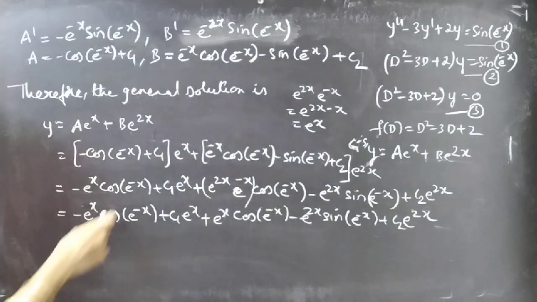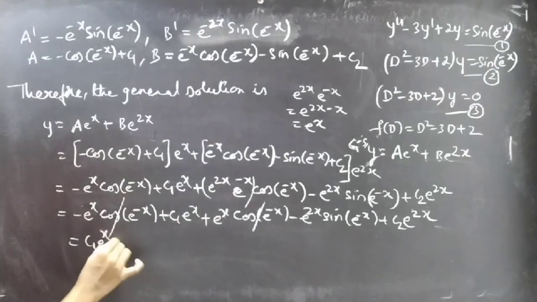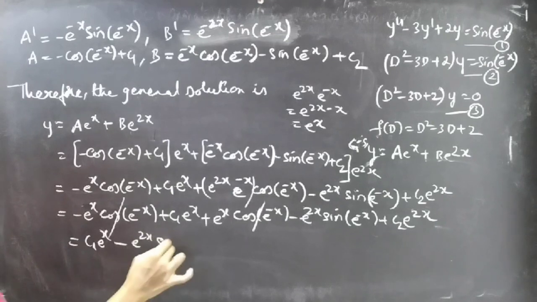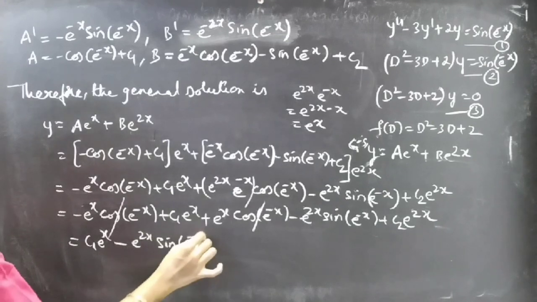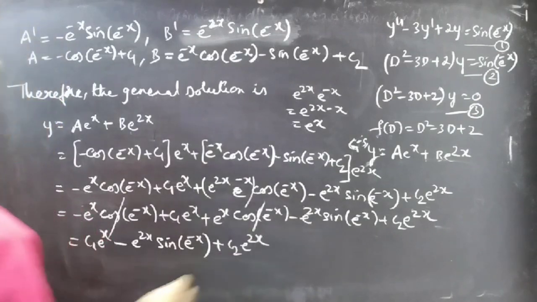So here minus e power x cos e power minus x and plus e power x cos e power minus x gets cancelled, and we'll get c1 e power x minus e power 2x sine of e power minus x plus c2 e power 2x.